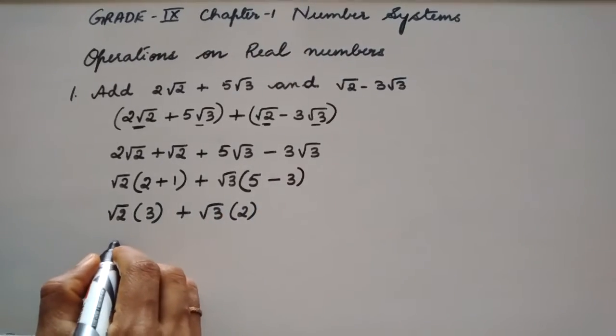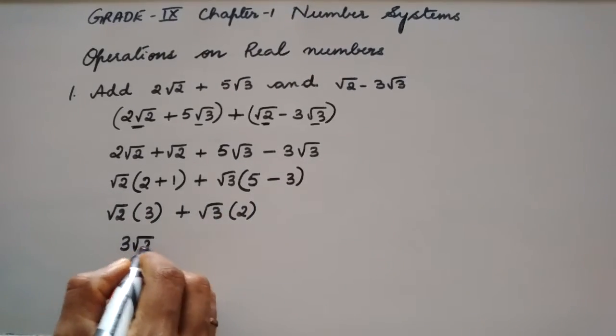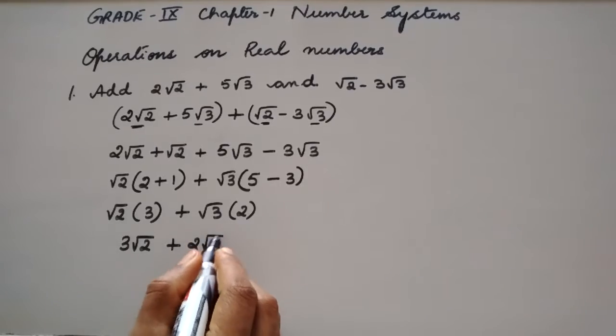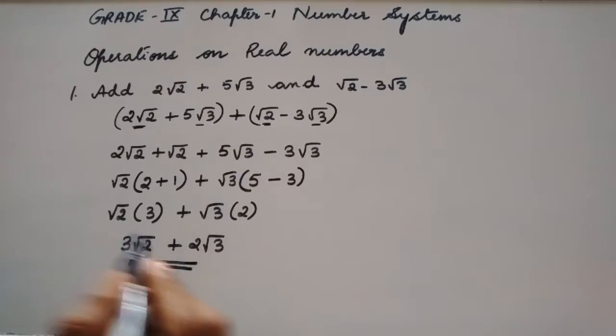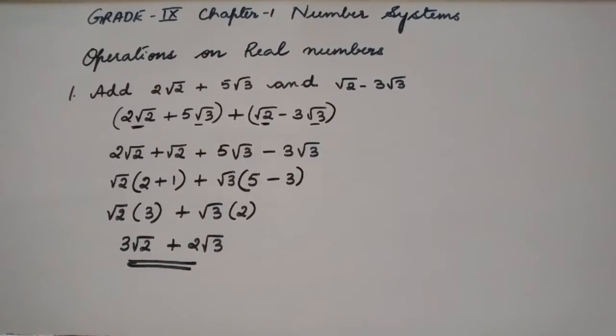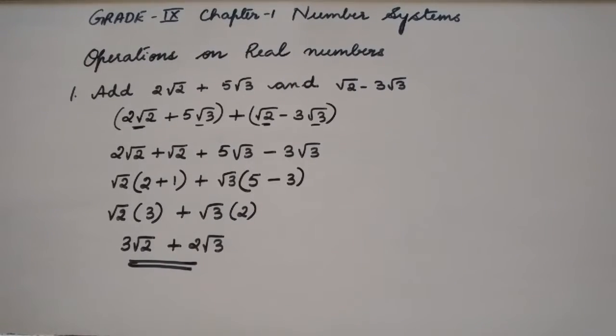So the sum is 3√2 + 2√3. Is this clear to you, students? Okay, now let us look at the second example.